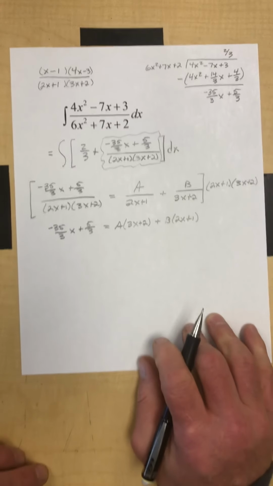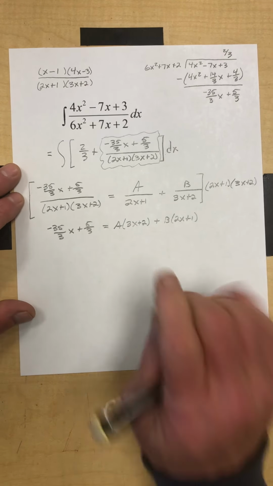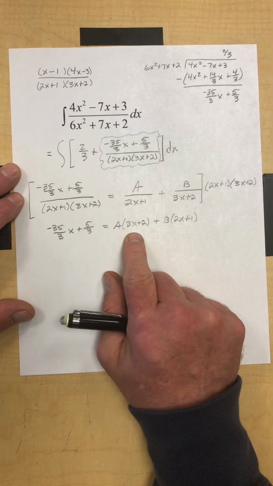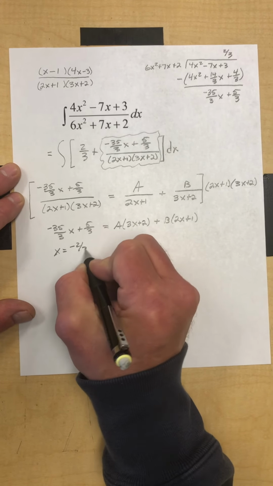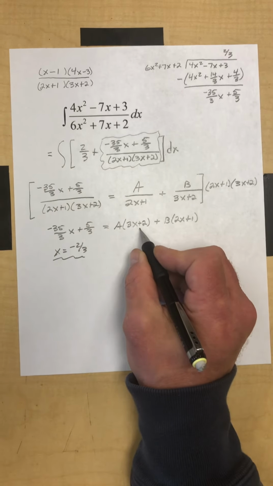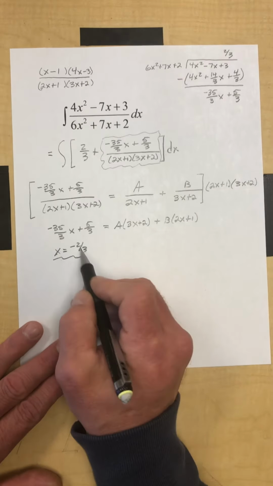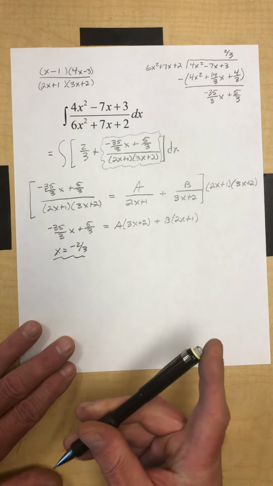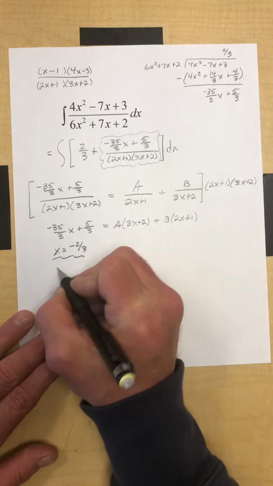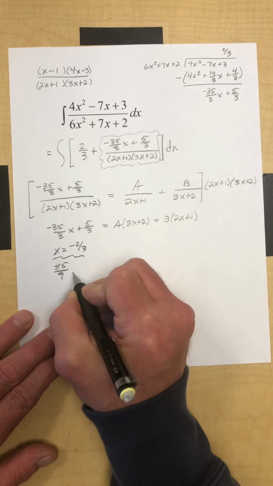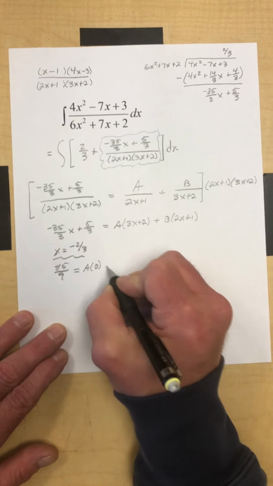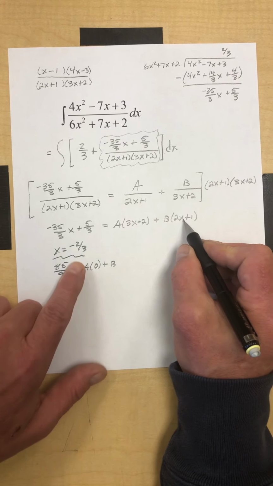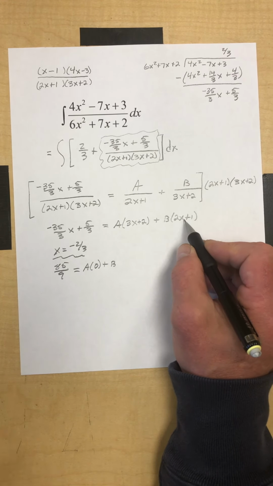What can I do here? If I want to make that a 0, 3x plus 2 equals 0, and solving that gives x equals negative 2/3. So I let x equal negative 2/3, and that makes that term 0. Going back and evaluating with your calculator, you get 85/9 equals A times 0 plus B, and putting negative 2/3 in, you end up with negative 1/3.